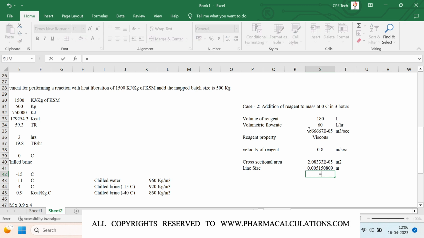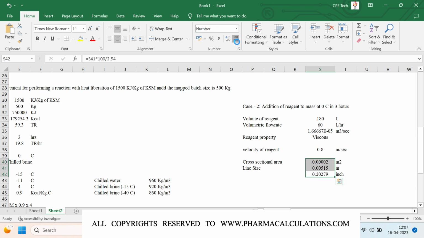And now let's convert this meters into inches. Multiply with 100 divided by 2.54. So that means approx you got 0.2 inch. So if possible you can take up to either between 0.25 inch or 0.5 inch.